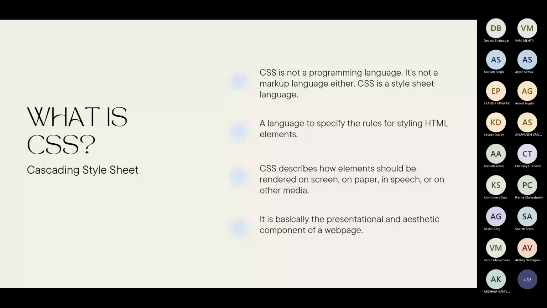It's a styling language for the web, and describes how the elements will be rendered on the screen or on a print media. So when you press Control P on a web page, you get the print preview, right? So we can also describe how the elements should be styled on that particular print media. And yeah, it's basically the presentational and aesthetic component of a web page.